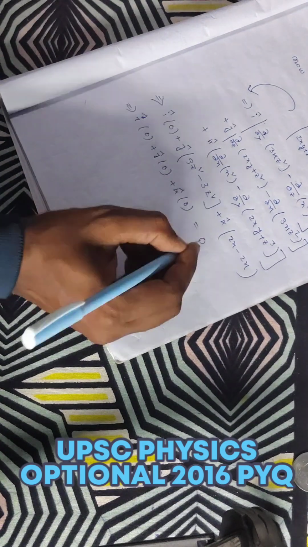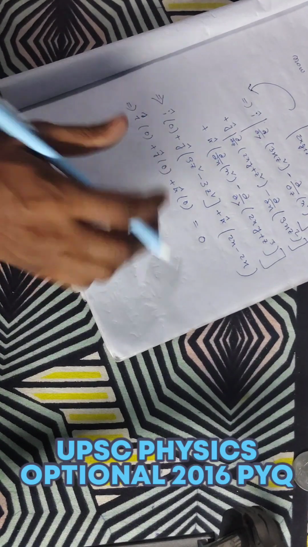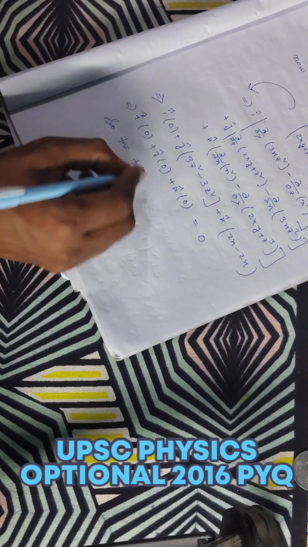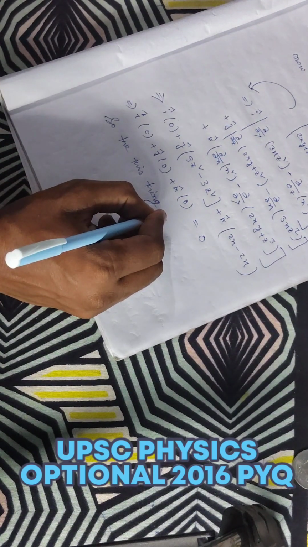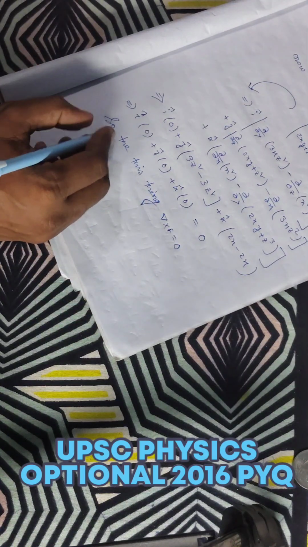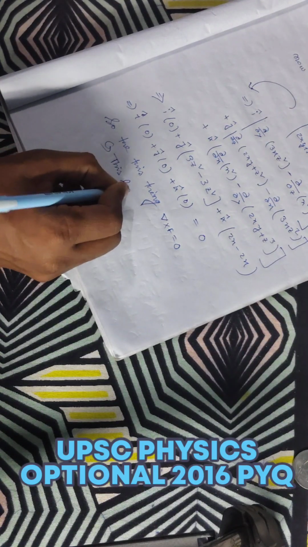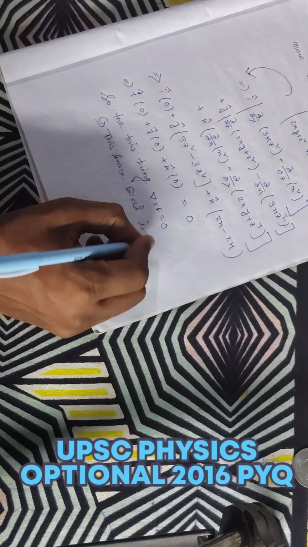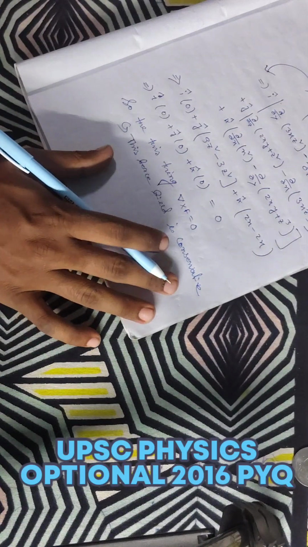So the result is 0. For that case the force field is conservative. So the thing is proved, that del cross F is equal to 0, so I can say that this force field is conservative.